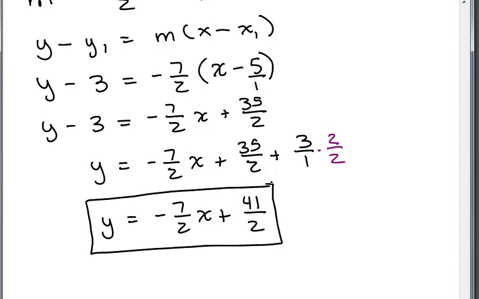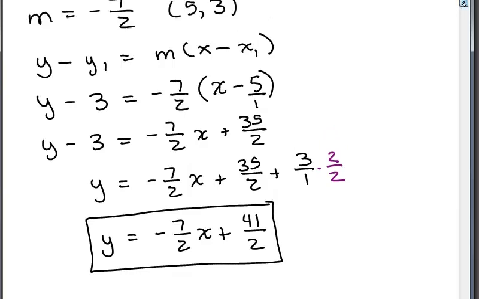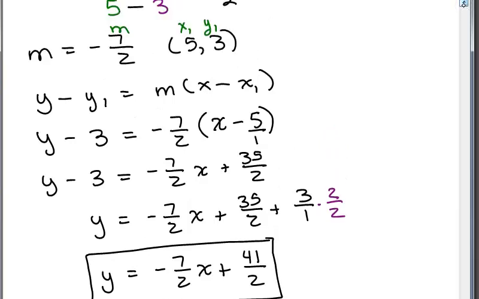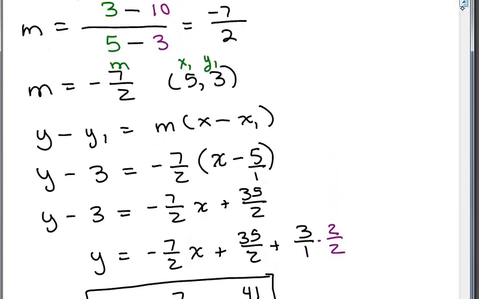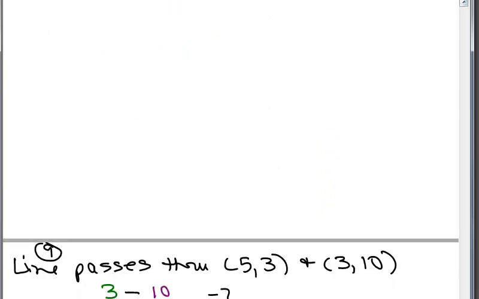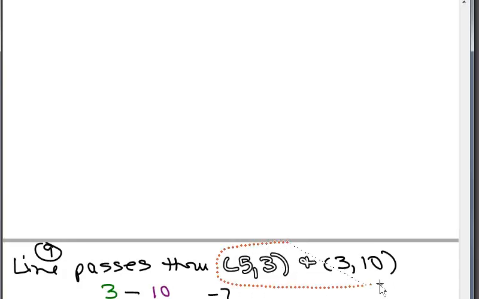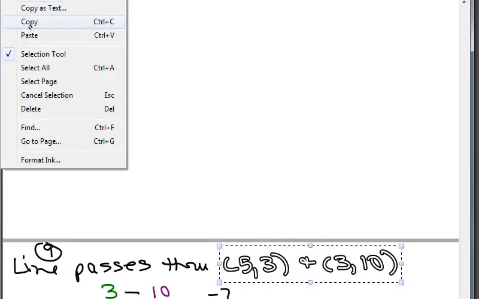Now the question is, are you sure that's the right line? Let's see. Go back up to the original. Oops, a little too far. Okay, so we're going to take these 2 points and make sure those are on that line. So we're going to look at the line we got.